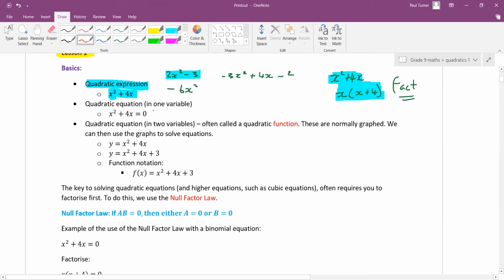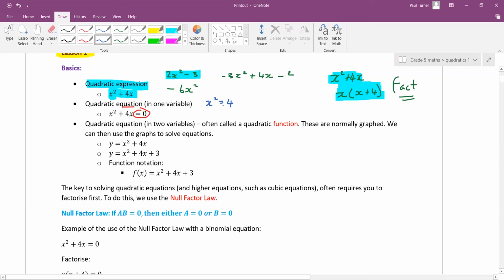But if you want to turn this into an equation, we put it equals something. Okay. It doesn't have to be equals 0. It could be equal any number. So anything that's a quadratic could be x squared equals 4. You could have something like that. Now, these may or may not have solutions. Okay.